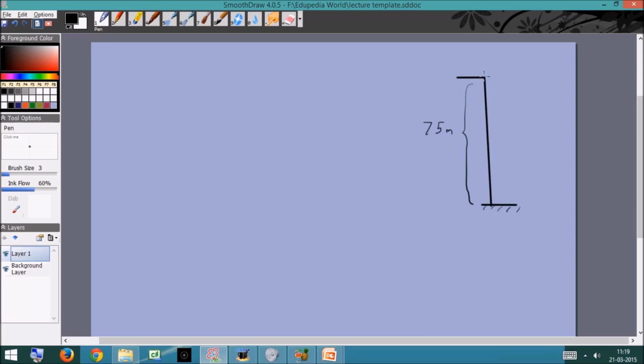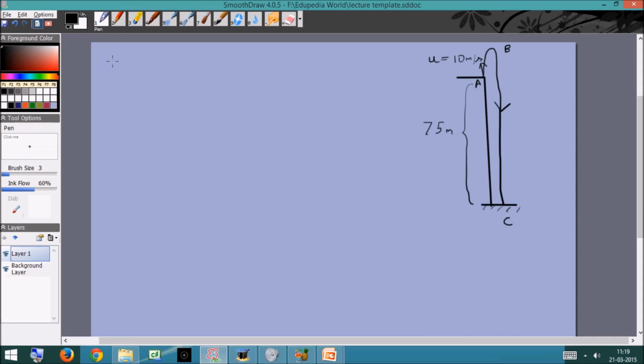From the edge of the top of the building, I throw an object upwards with an initial velocity of 10 meters per second. The body goes up and then it comes down. Let's call this point A, let's call the point of maximum height B, and let's call this point C. What I am asked is, after how much time does the object strike the ground?